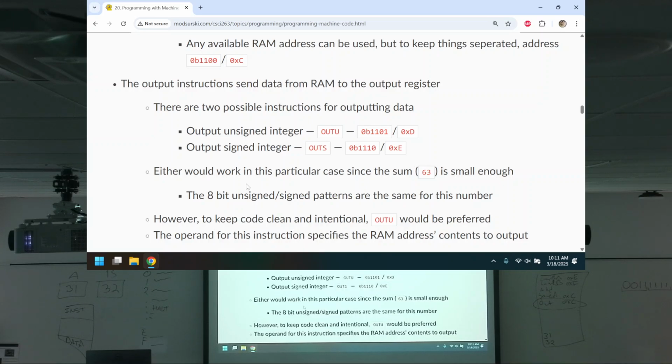Come on, you haven't memorized all the machine code patterns yet? What does that mean? 3F. Pardon? 3F, which is actually load B from memory address. That's actually just conveniently and magically the same pattern as that instruction, which is kind of crazy. What a funny little world that is.